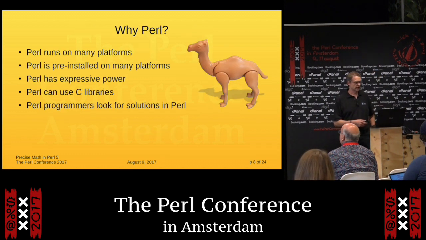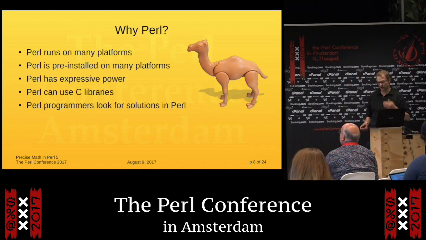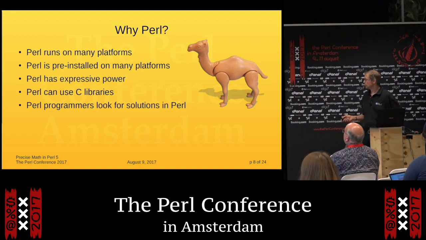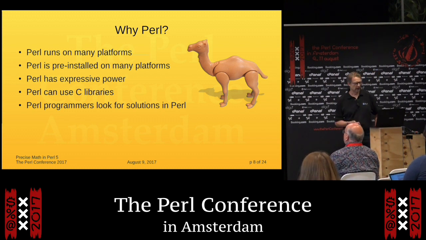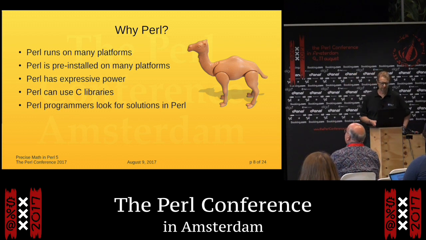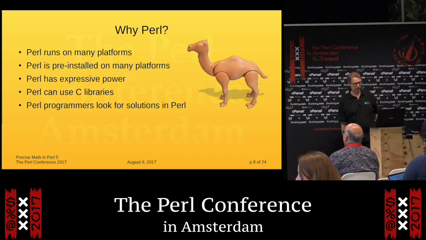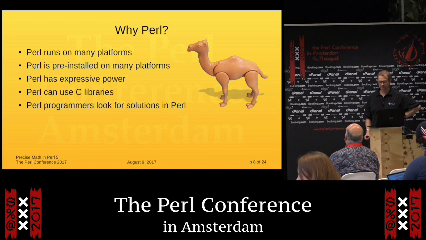So why should we do this in Perl? There are a number of reasons. Not the least of one is the one below here. We are Perl programmers and we like to do things in Perl. Perl has had useful features for a long time that appeal to mathematicians, such as object orientation and operator overloading, not to mention a rich set of operators to overload.